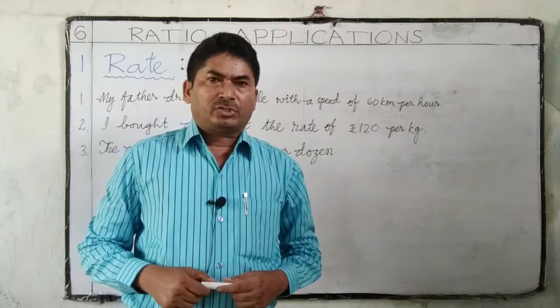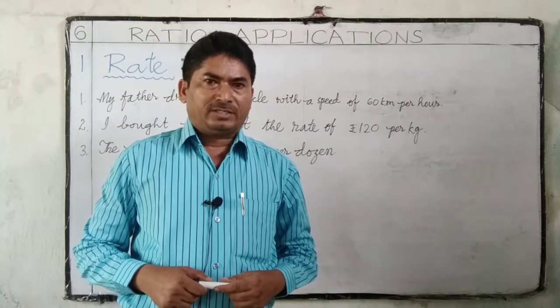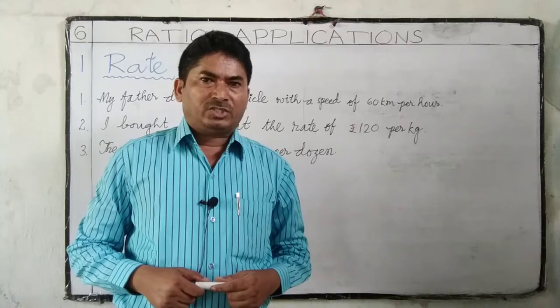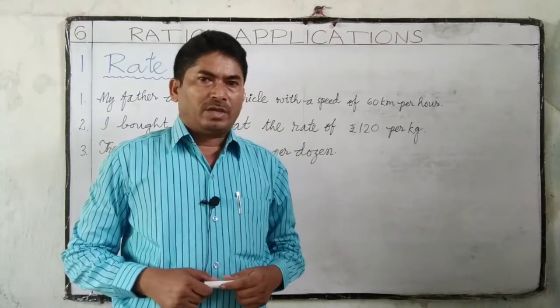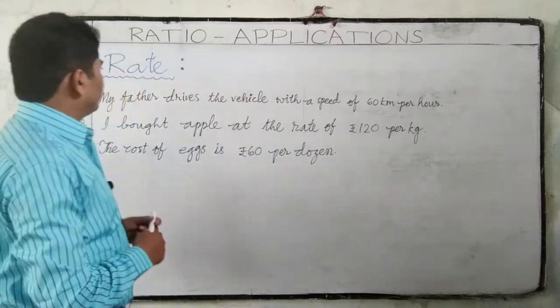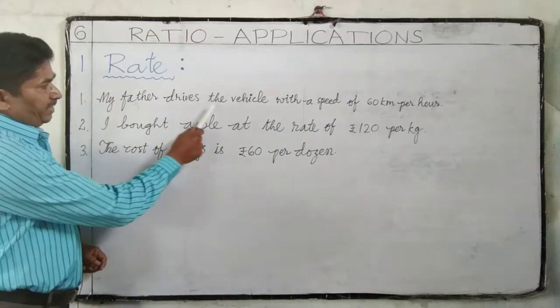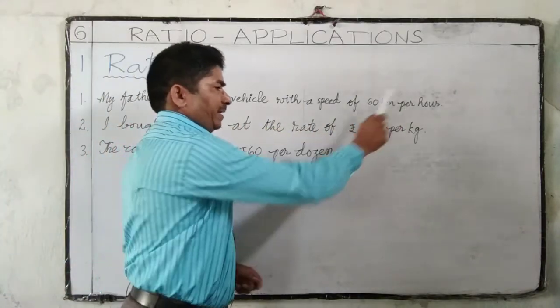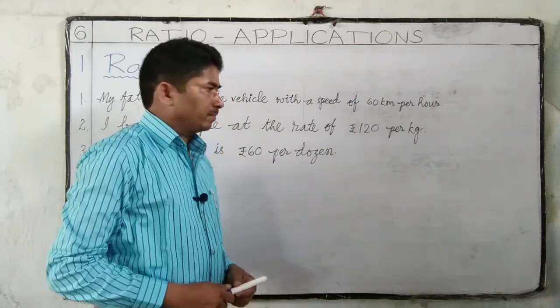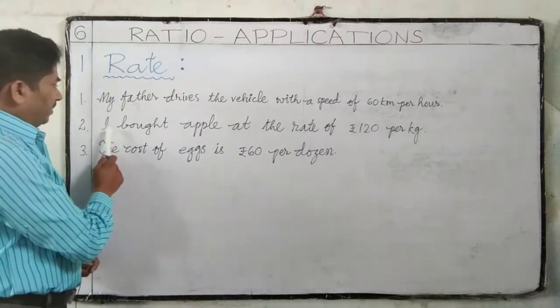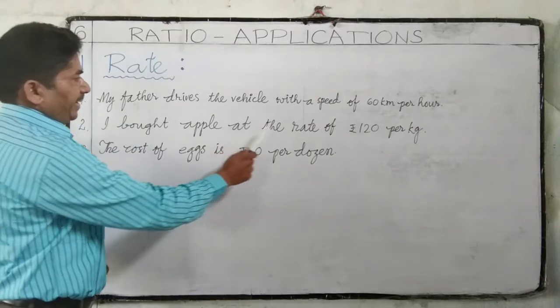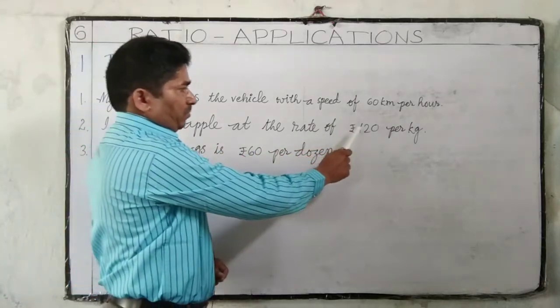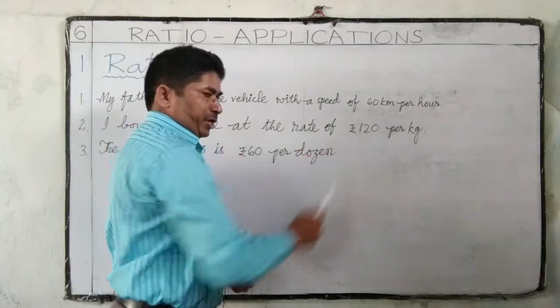Sometimes ratios appear as rates. To understand rates, here we have some examples. My father drives the vehicle with a speed of 60 km per hour. Second one, I bought apple at the rate of 120 rupees per kg.